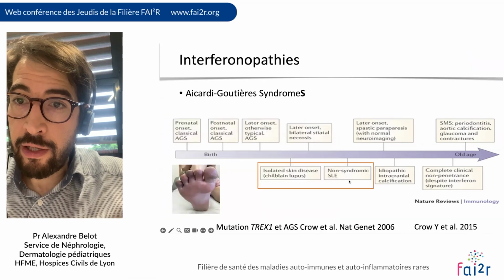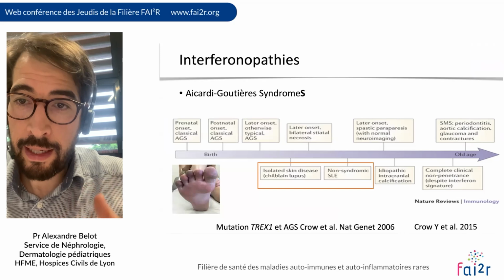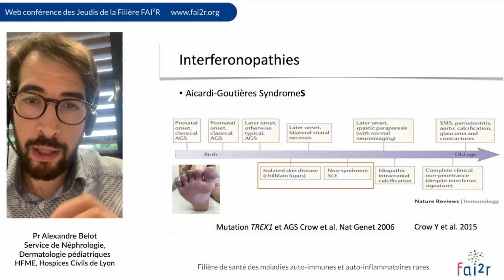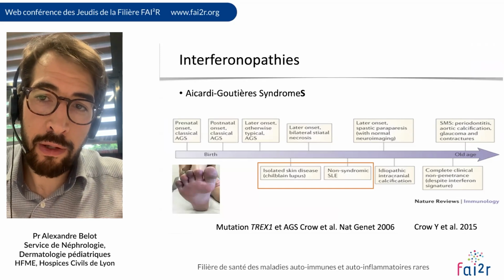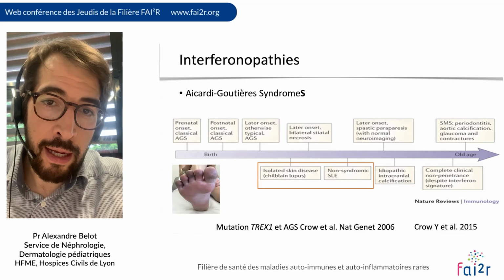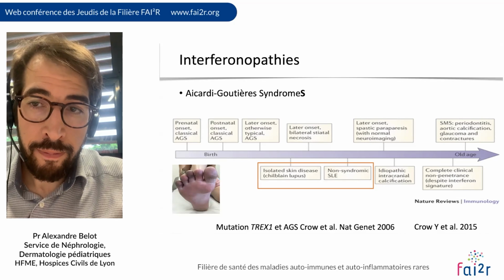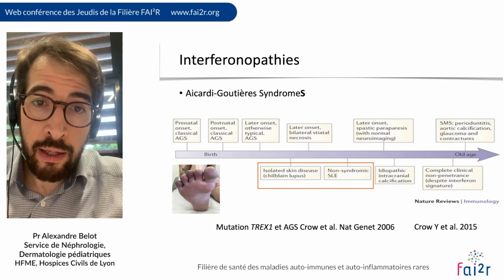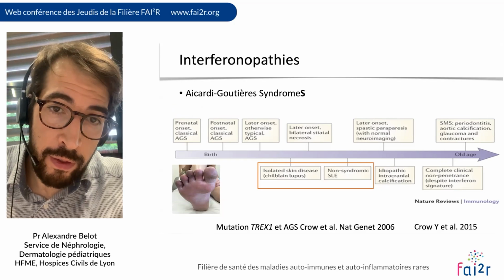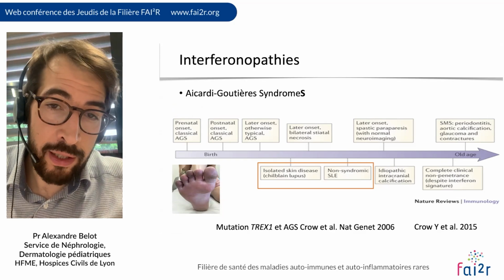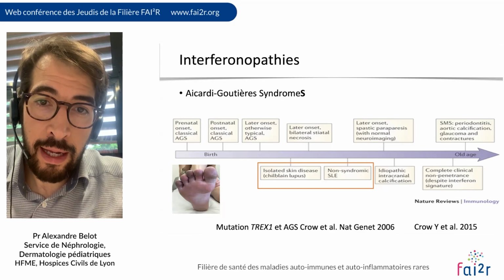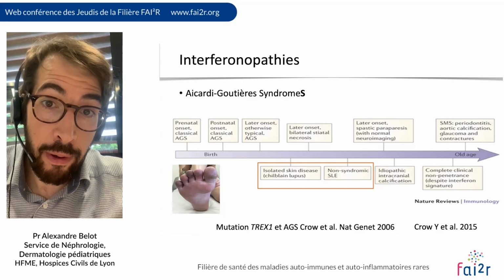It's just a way to say that within the same genes there is the possibility to develop a lupus phenotype as well, either isolated chilblain in some families, or systemic lupus. In a single family, there could be a lupus phenotype in one index case, and in the ascendant you can see a paraparesis, for example.